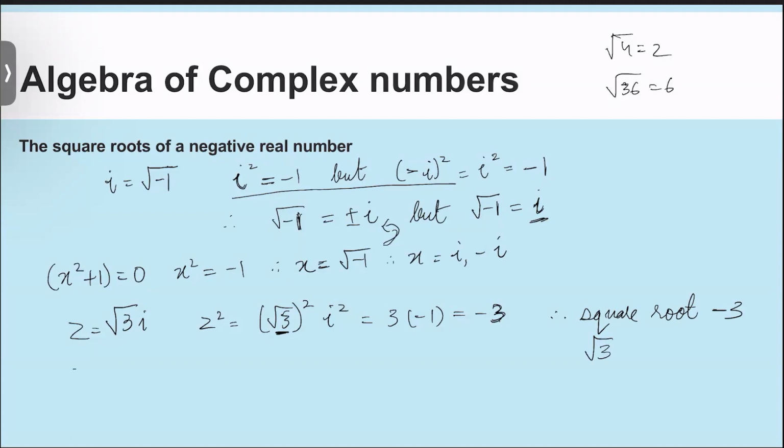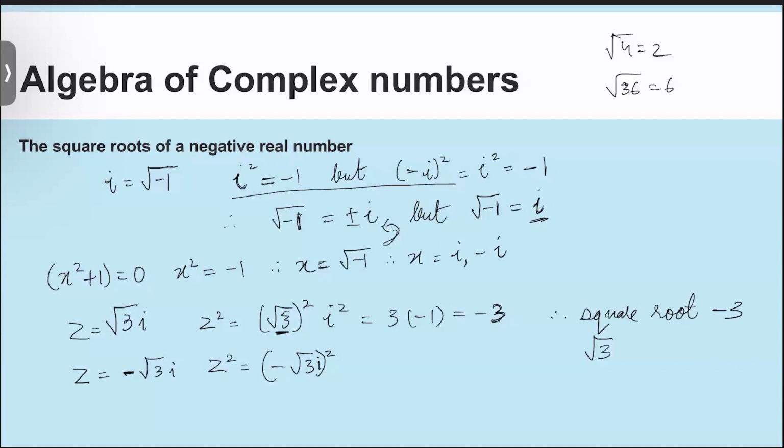Now if we take z equal to minus √3 i, suppose you introduce a negative sign in front of the root 3, then z squared would be (−√3 i)².